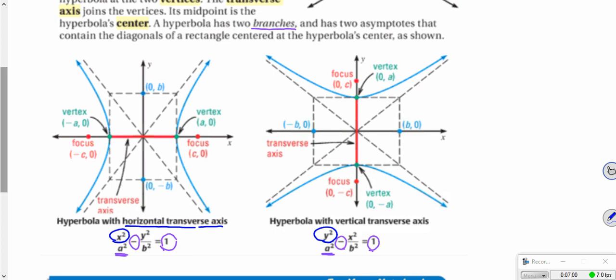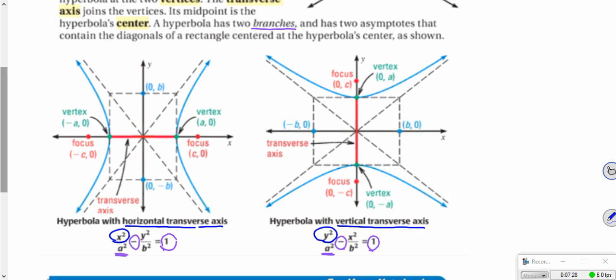The ones that start with a y squared have a vertical transverse axis. You don't really have to figure out which one's a squared based on whether it's bigger or not. A squared is always in the front, but it depends on which variable it's under, whether it's under the x squared or under the y squared. Which one's in front is going to give you your transverse axis.